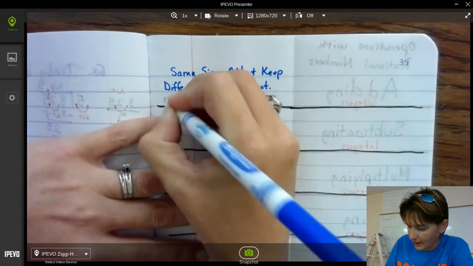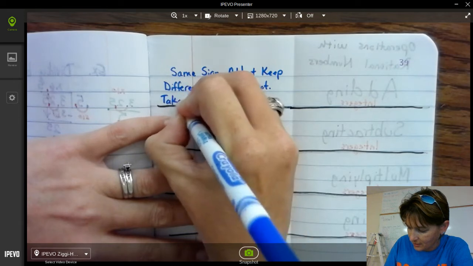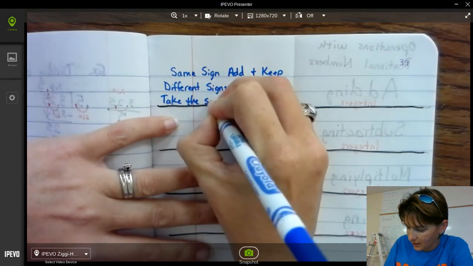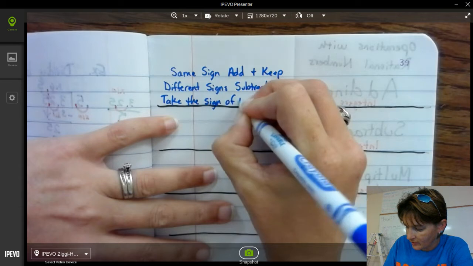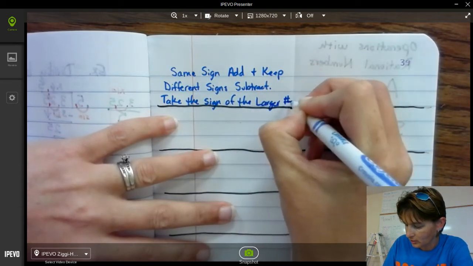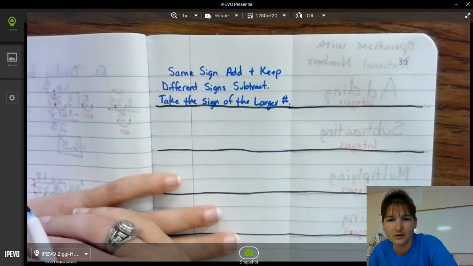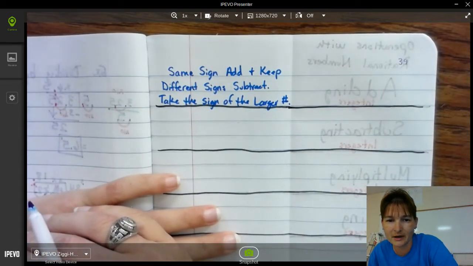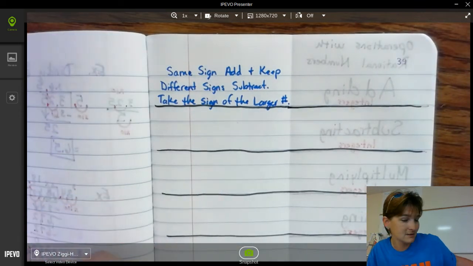And when you subtract, you want to take the sign of the larger number to be exact. So same sign, add and keep, different sign, subtract. Take the sign of the larger number, then you'll be exact.